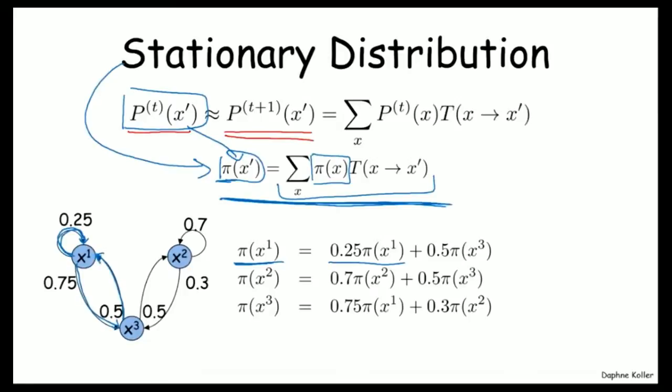Because you can end up in x1 in one of two ways: either by starting out in x1 and staying there, or by starting out at x3 and moving to x1, which happens with probability 0.5.